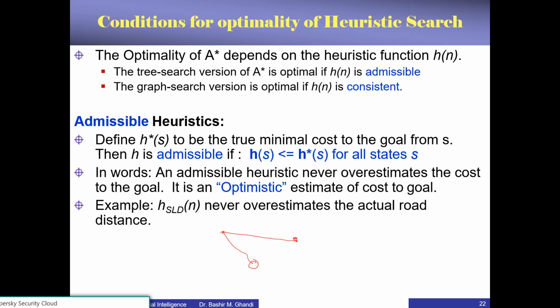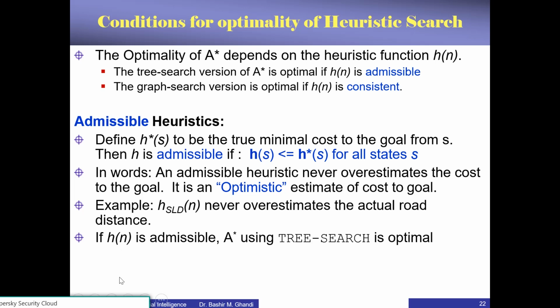So going through here and then here, this is going to be the smallest always, and therefore the straight line distance heuristic function is definitely admissible. You cannot reach from this point to this point in any shorter way. So the straight line distance gives you the smallest estimate always. And that is the meaning of admissible heuristic.